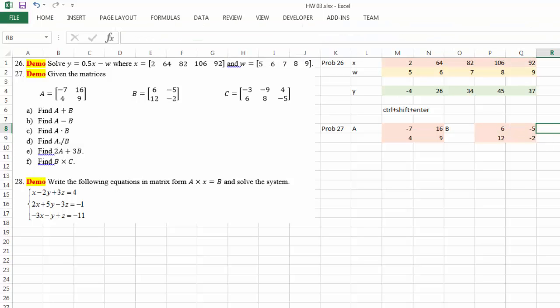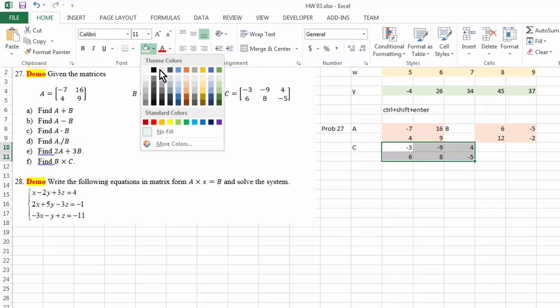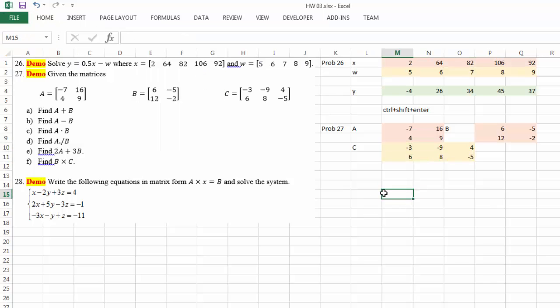And then a matrix C, put it here. That's -3, -9, 4, -5, 8, 6. Give it a little color. So if you want to, you can name them again. So this is A, this is B, and this is C. You don't have to do that.